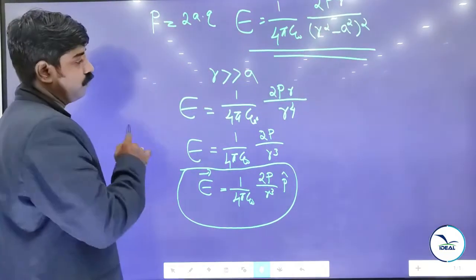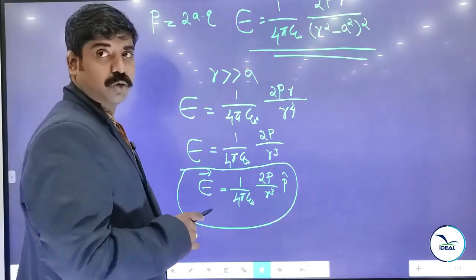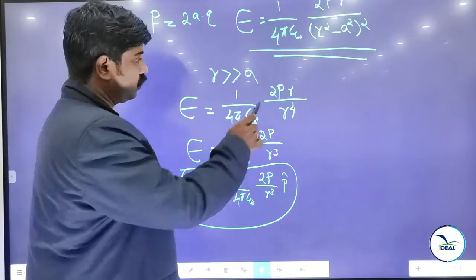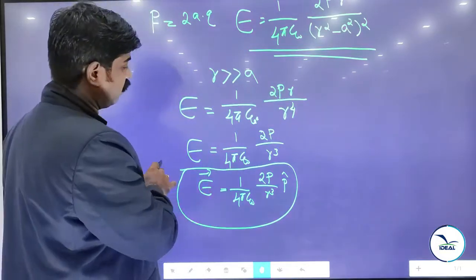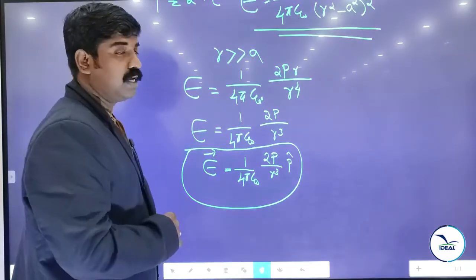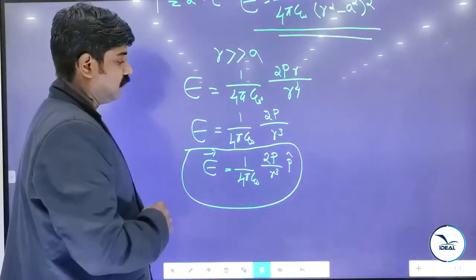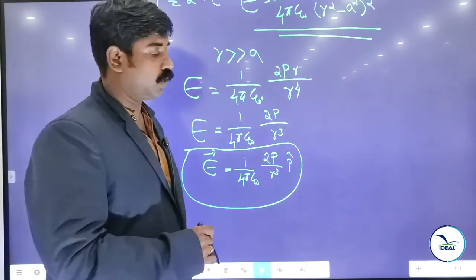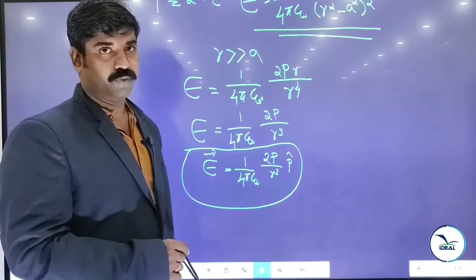So, E is equal to 1 by 4 pi epsilon 0, 2pr divided by r raised to 4. So, we can cancel this r, then we got E is equal to 1 by 4 pi epsilon 0, 2p by r cube p cap. Okay.